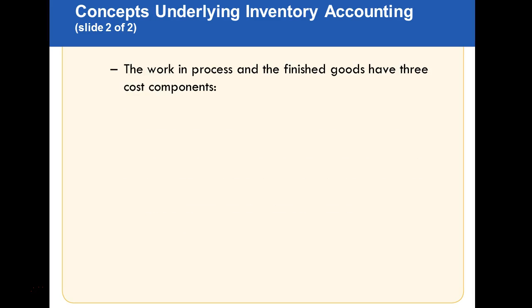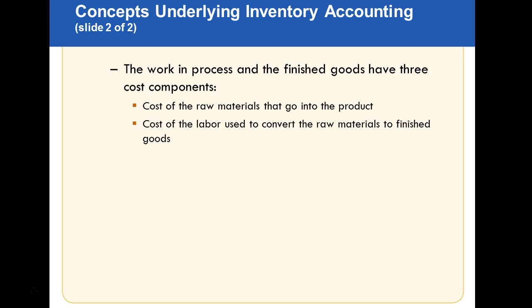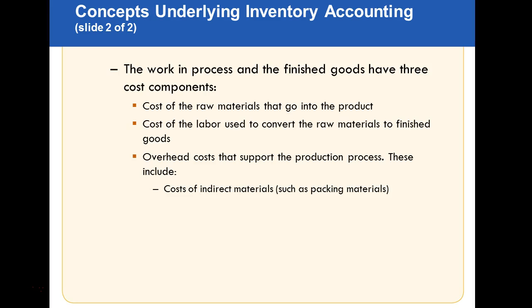The work in process and the finished goods each have three components. The cost of the raw materials that go into the product, the cost of the labor used to convert the raw materials to the finished goods, and overhead costs that support the production process. The overhead costs are costs of indirect materials. So it might not be the actual wood and the laminate.